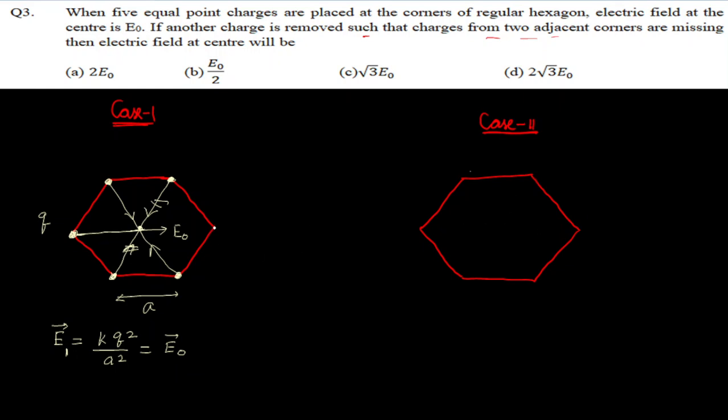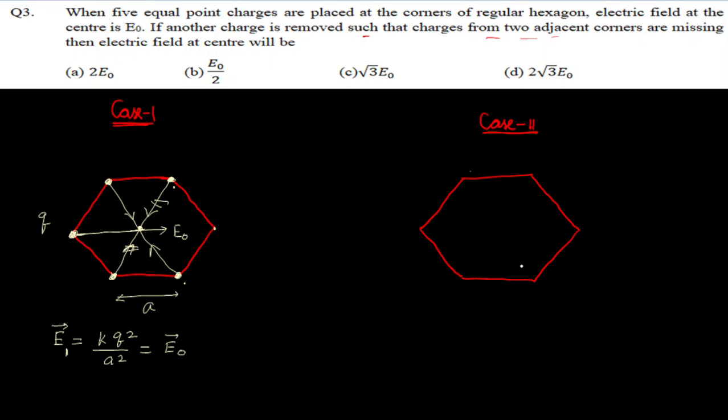Initially there was no charge at this corner. Now we have to remove one of the charges from these 5 in such a way that there will be no charge on this corner, as well as either this corner or this corner, so that two adjacent corners will be missing a charge.